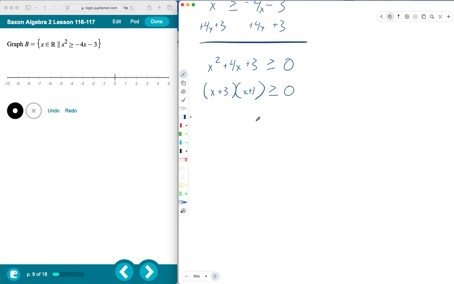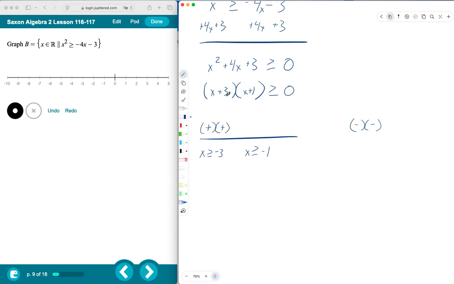We want to identify that because it's greater than, it has to be a positive number. So it's either going to be a positive times a positive or a negative times a negative. So we're going to have to test these. So x is either greater than or equal to negative 3, or x is greater than or equal to negative 1. All right, so that is up here.